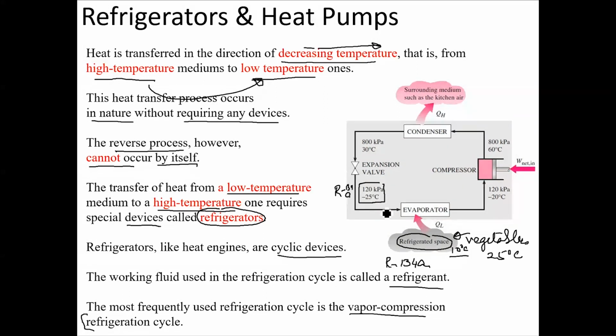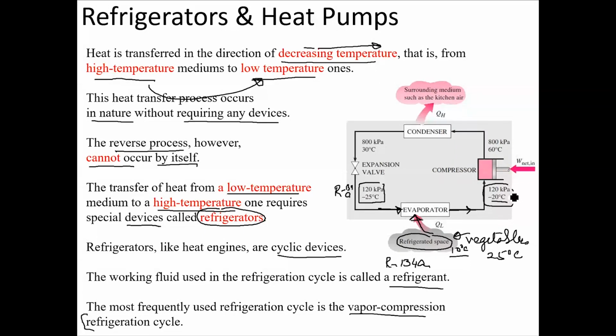As the refrigerant enters the evaporator, heat from the vegetables is transferred to the R134a refrigerant, and as it exits the evaporator, it has gained heat and has a temperature of minus 20 degrees centigrade.